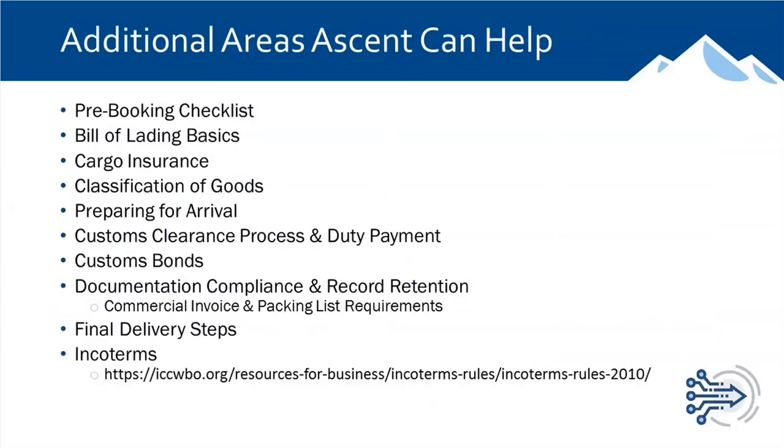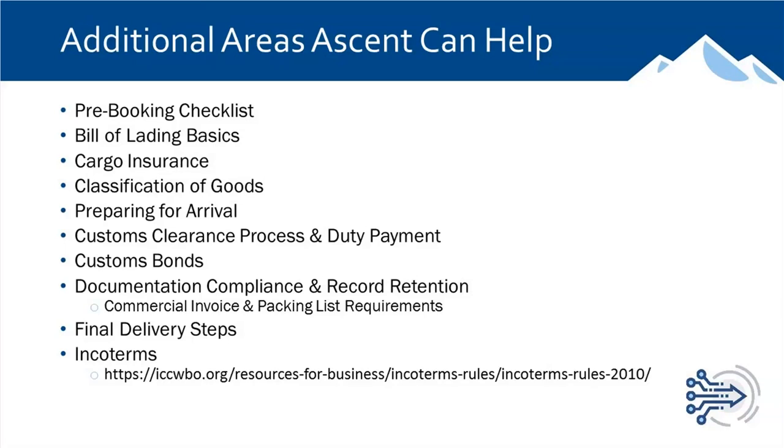So additional areas where we can help, I go back to the standard operating procedure, specifically at origin. We can help develop those SOPs so the communication piece is very clear between vendor, origin office, and destination office. We'll go through a pre-booking checklist. We also talk about cargo insurance because there is risk anytime you move a shipment, no matter if it's international or domestic. But cargo insurance is an important piece of that international shipment.